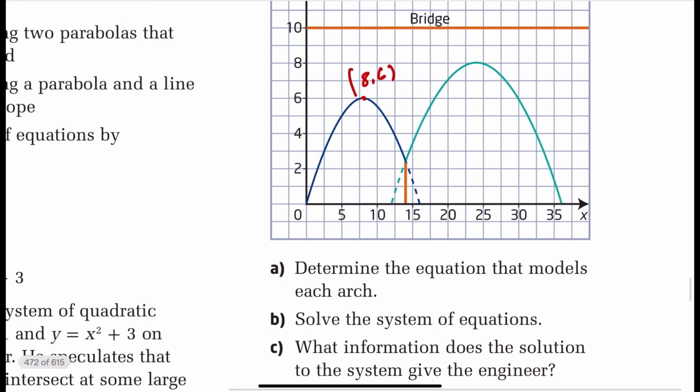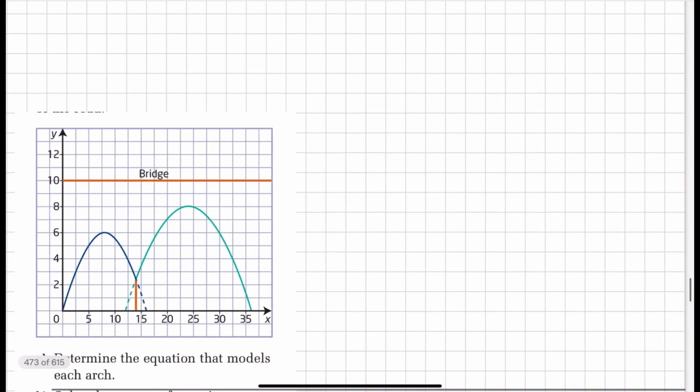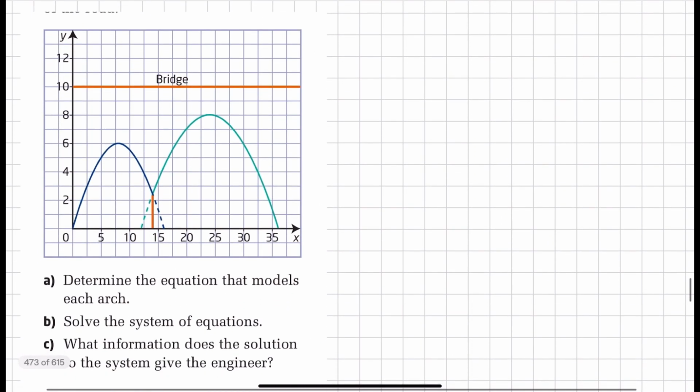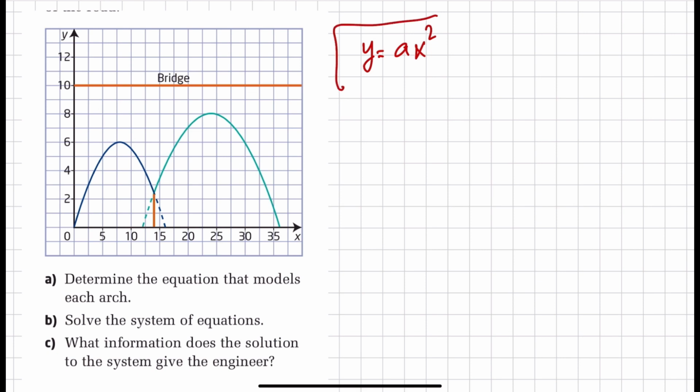And I know the equation of a parabola. Let's do this on another page. So y is equal to a number a times x squared. This is the general formula for any parabolic graph.